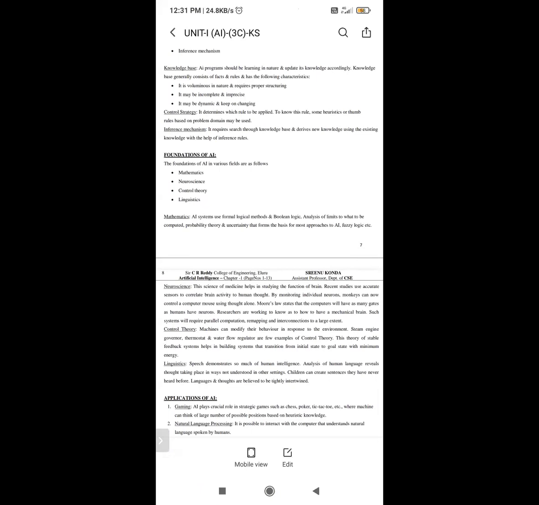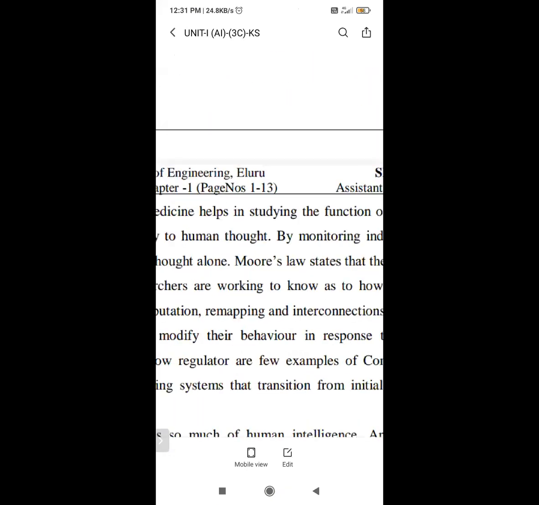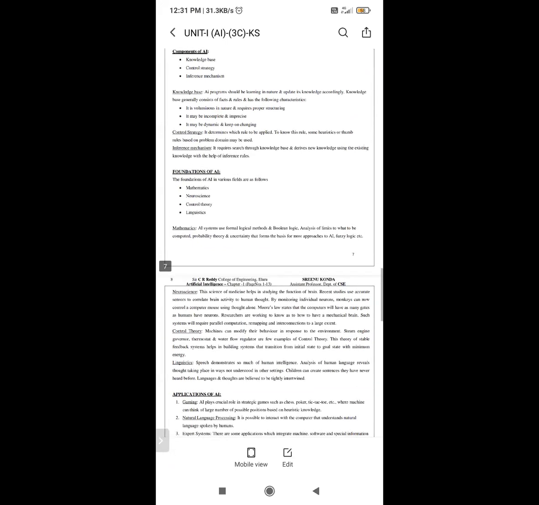foundations of AI. Coming to the foundations of AI, this particular AI is used in various fields like mathematics, neuroscience, control theory, and linguistics.